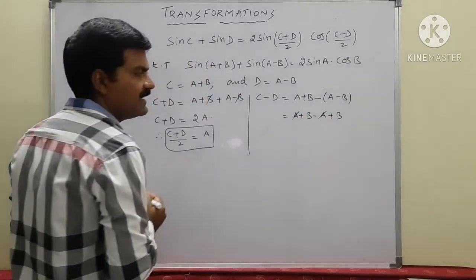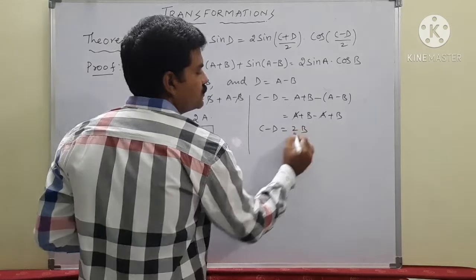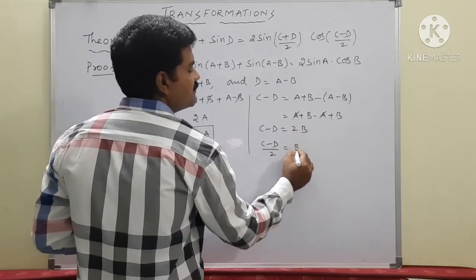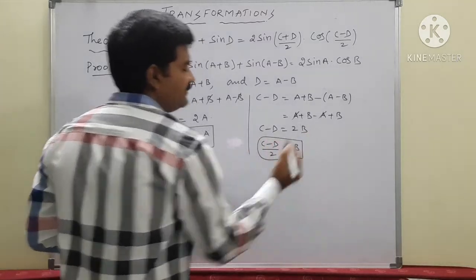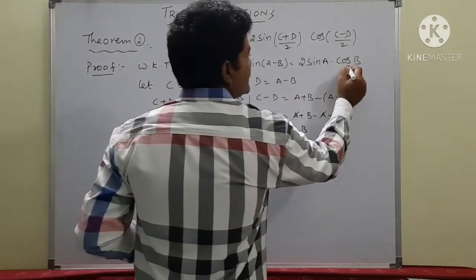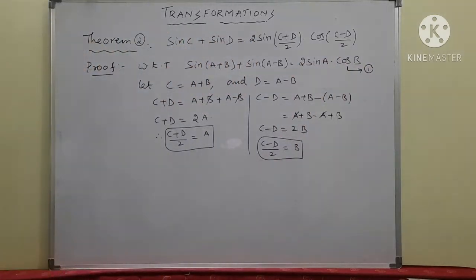So plus a minus a gets cancelled. Then c minus d is equal to 2b. So from this c minus d by 2 is equal to b. So see what we got, and please consider this first one as equation number 1.